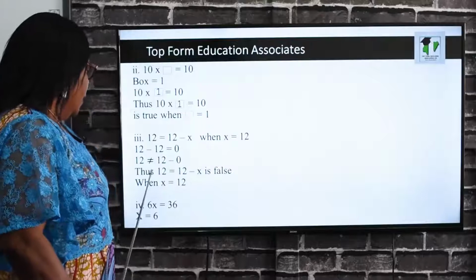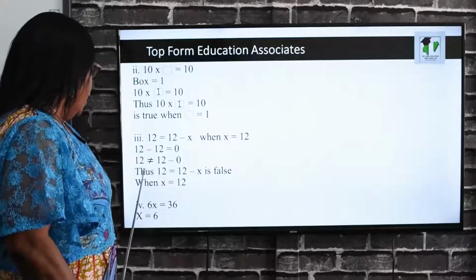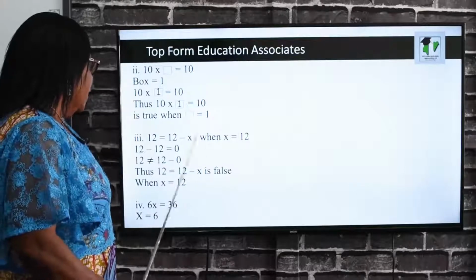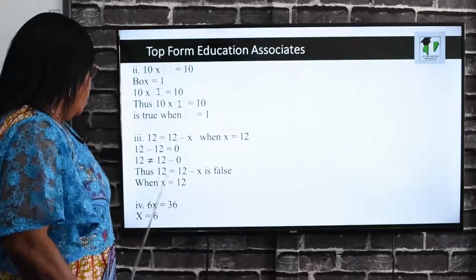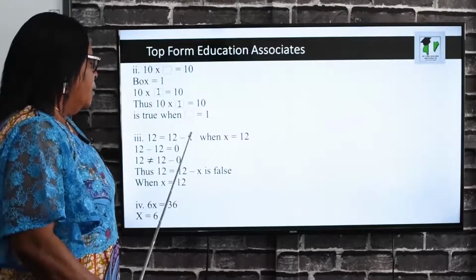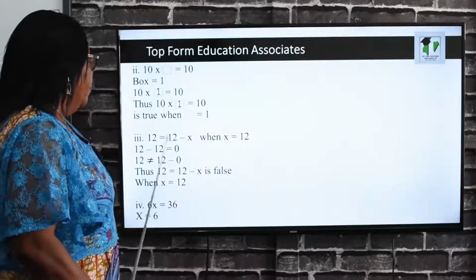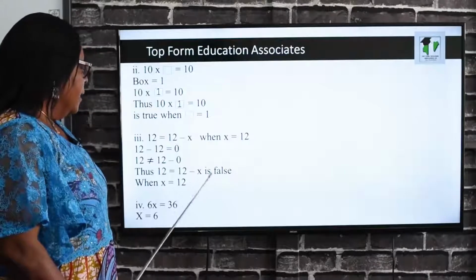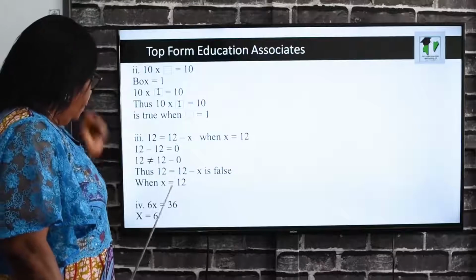We find out that 12 is not 12 - 0, because x is 12, so it is false. When x is equal to 12, this statement is false. However, if x is equal to 0, the statement would have been true. But our answer is that the statement is false if x is 12.